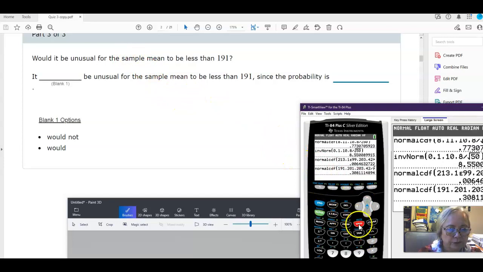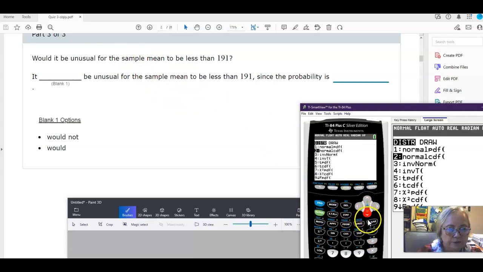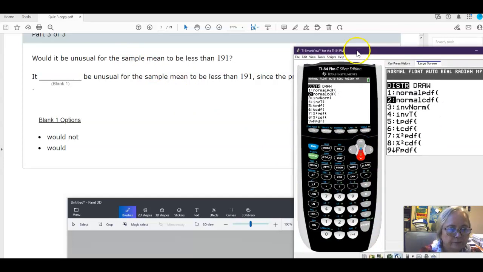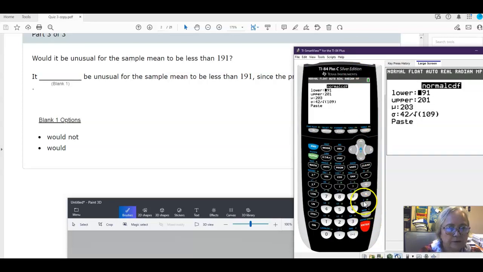We're going to normal CDF again, and in this case, since it's on the left-hand side, you will have negative infinity, which you enter as negative 1 comma E 99. I bring attention that it's not the negative sign, which is subtraction, it's the negation sign.